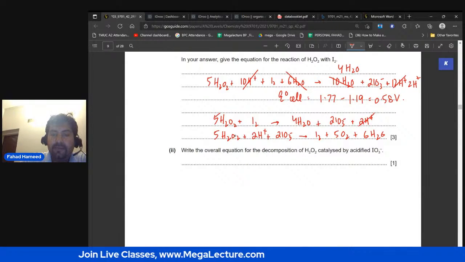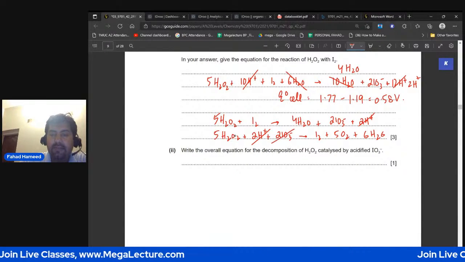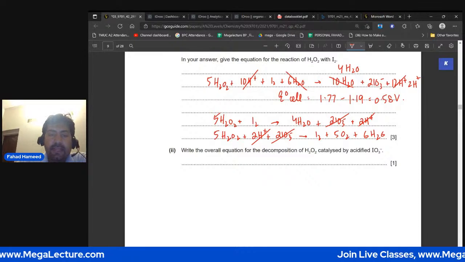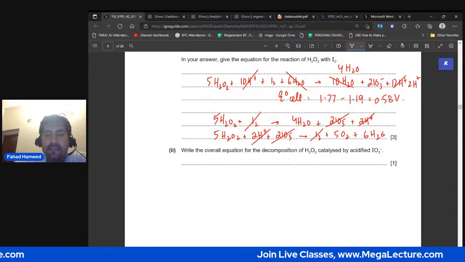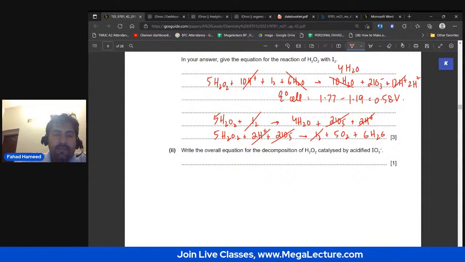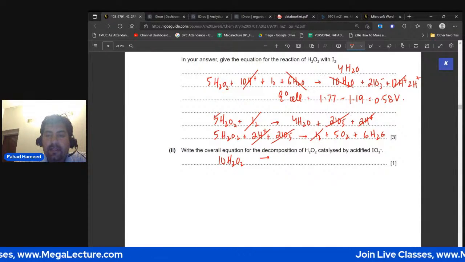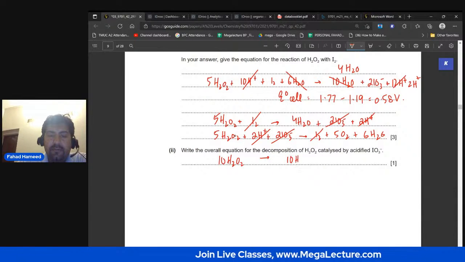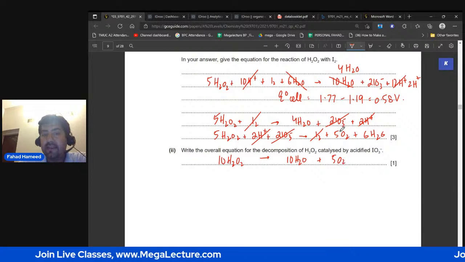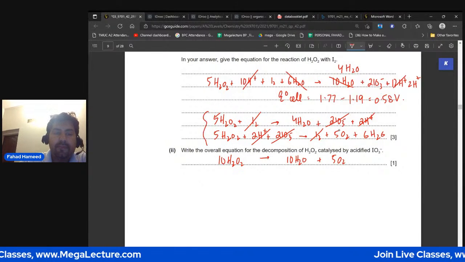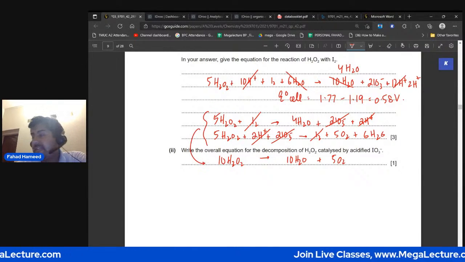The two H plus are going to get cancelled out. The two IO3 minus are going to get cancelled out. The I2s on both sides are going to get cancelled out. So you're left with 10 H2O2s on one side, and on the other side I've got 10 H2Os and 5 O2 gas molecules. That's my product side.